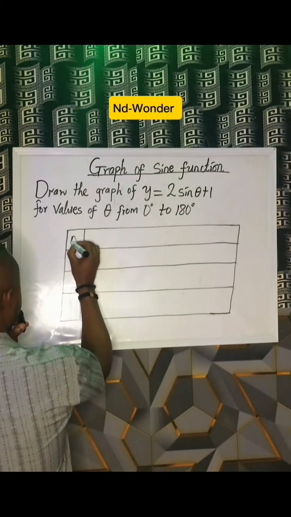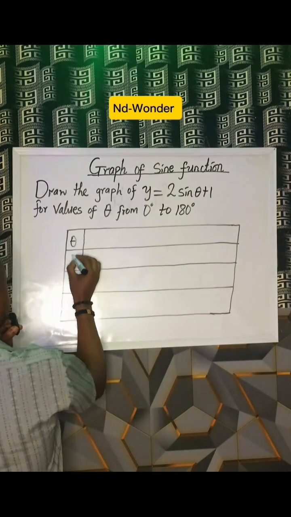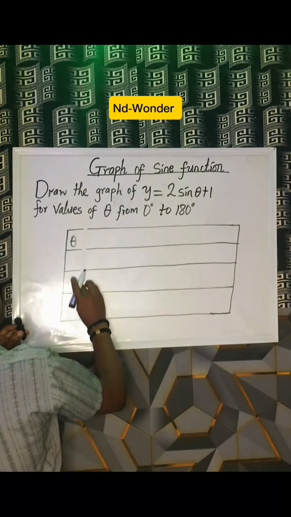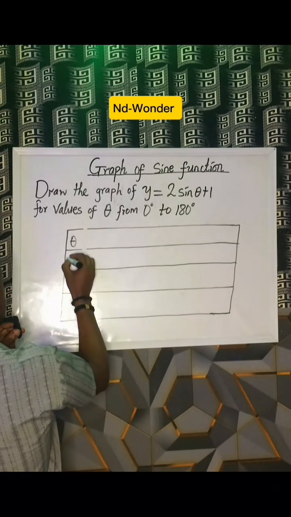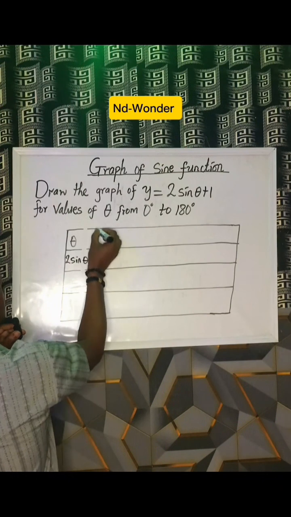Here becomes my theta. Here becomes the 2 sine theta.